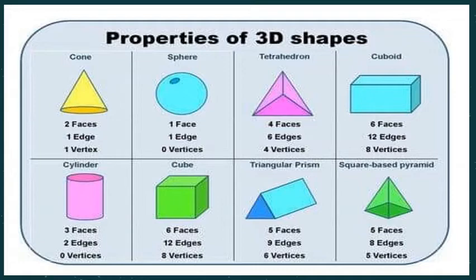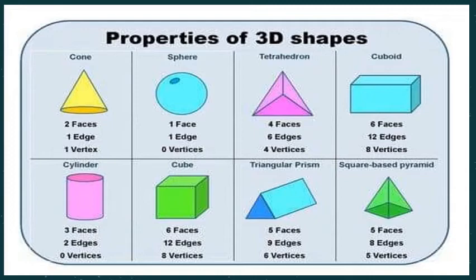Okay, then we get the tetrahedron. It has four faces, six edges, and four vertices. We are going to do it practically so that you can see it and feel it and everything, so don't stress too much.